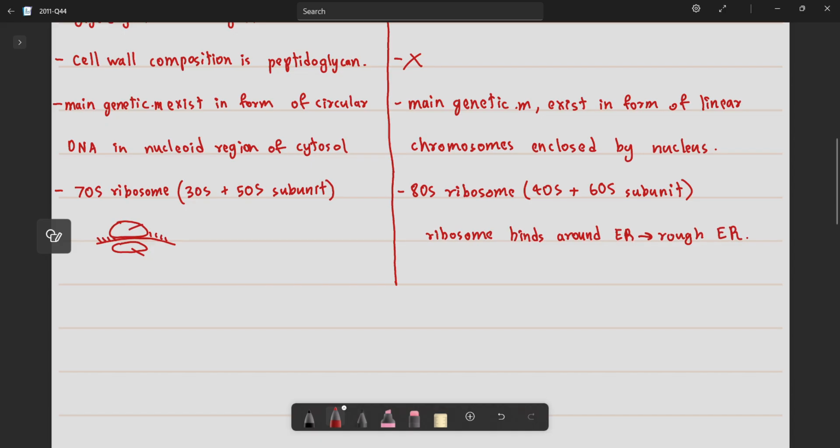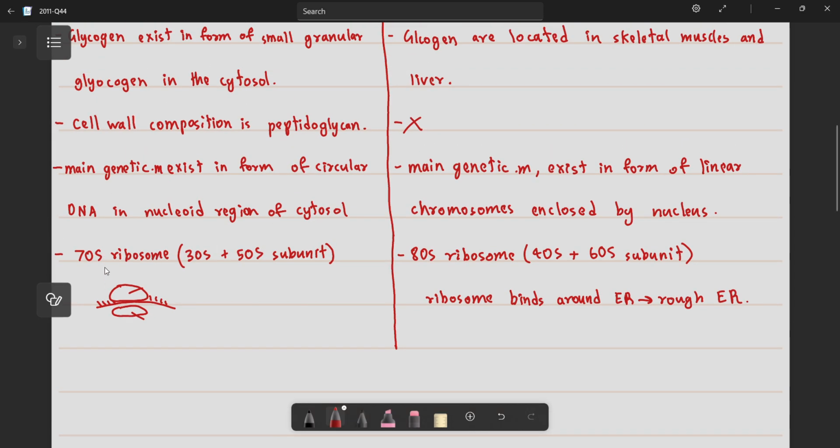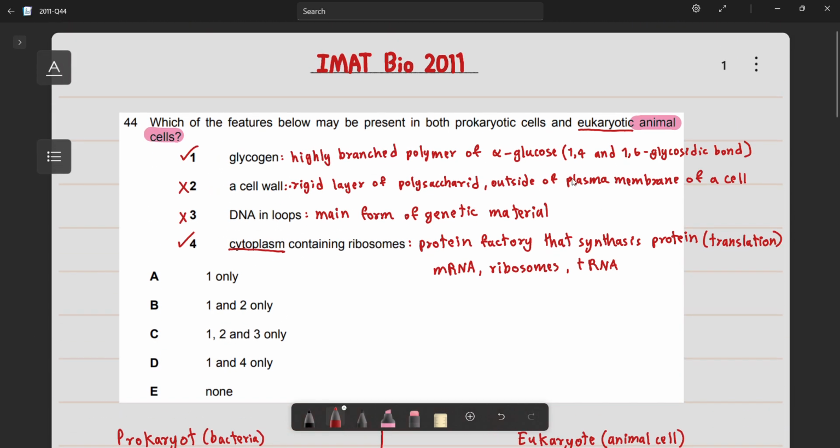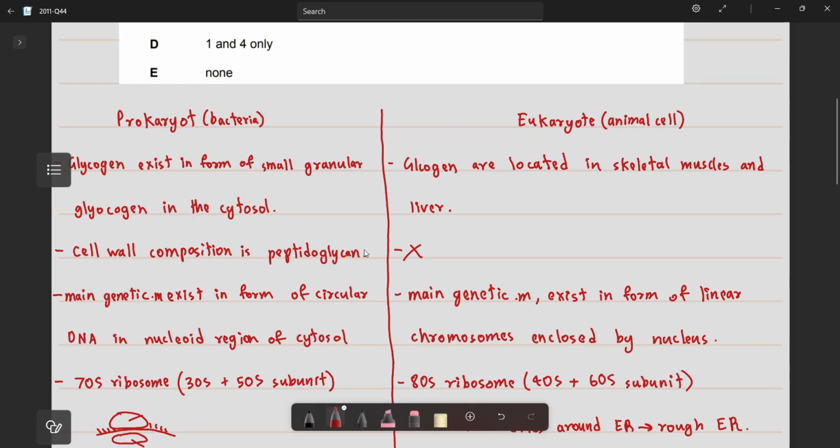Rough endoplasmic reticulum receives the amino acids inside its lumen and then transports them to the Golgi apparatus and does many other complicated functions. But prokaryotics have no such complicated functions. Their functions are much simpler compared to eukaryotes. So they basically have ribosomes free floating around the cytoplasm. Eukaryotes also have free floating ribosomes in the cytoplasm, but they are also found on the endoplasmic reticulum, which is around the nucleus, which is why it forms rough ER. So that's the thing about the question.